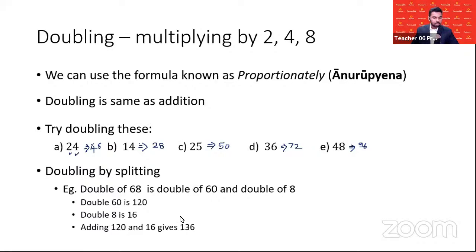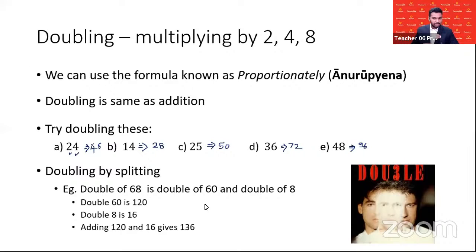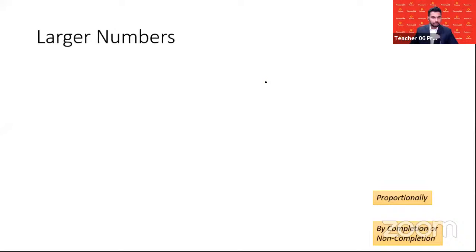So the total answer should be 136. We shall give more examples. So we have understood double to be something like addition itself, but you can do it in an easy manner using the sutra of proportionality or anurupyena.